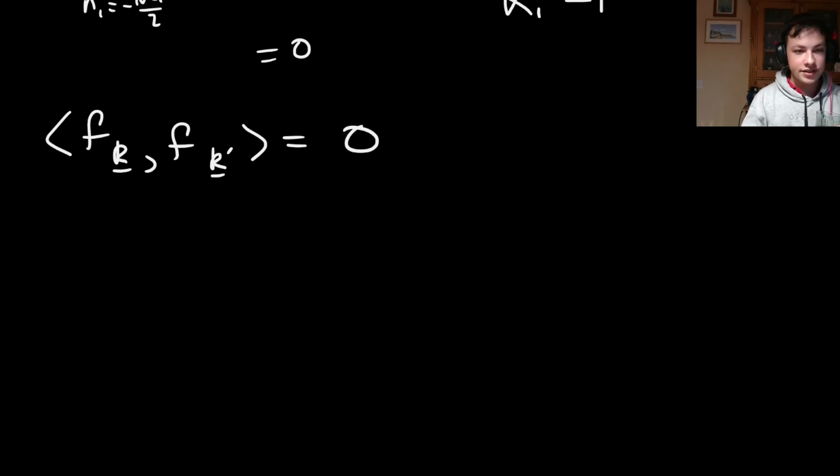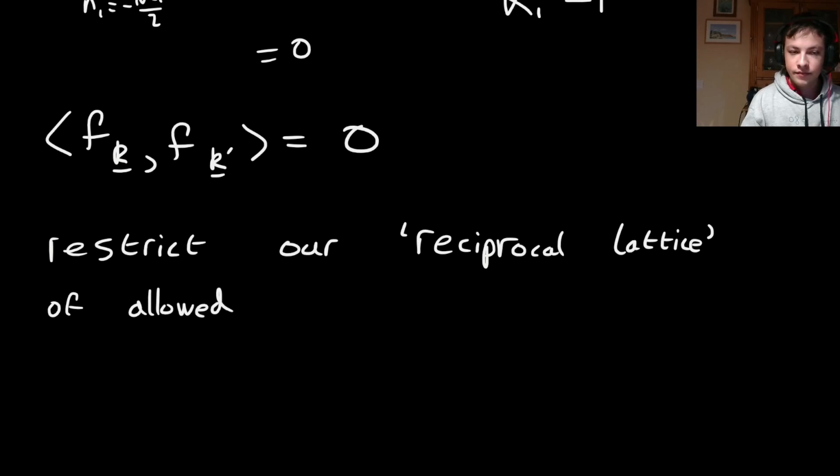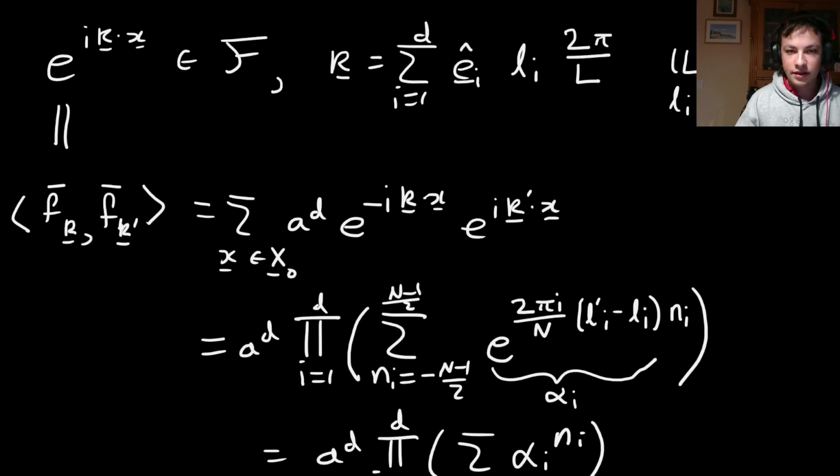And so we can restrict our reciprocal lattice, which was our set of allowed k's, which I didn't write down before, but it was B, is equal to basically all of these sums.